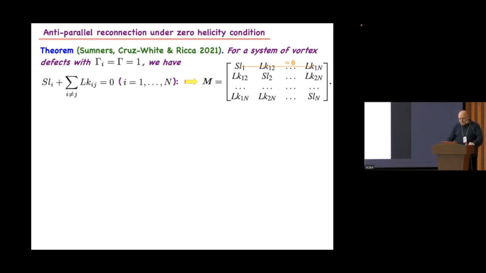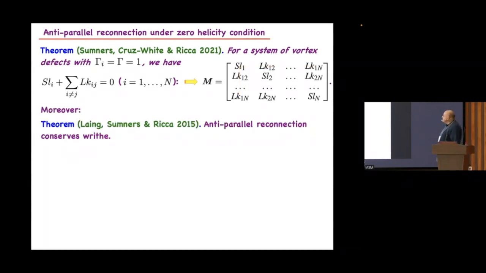Now, what we have here is the possibility to produce a number of results, and under anti-parallel reconnection that is typical of this phenomenon, as it is for classical vortices, we can prove that across the reconnection process, writhe remains conserved.